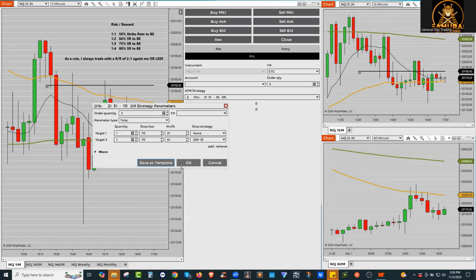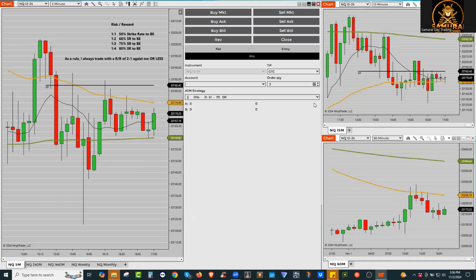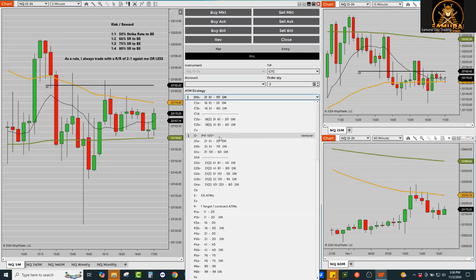Change that to a B, save it, and you're good to go. All right, so now when the PVI is over 100, I go for 21s and 50s with a 1-to-1 risk reward. Here's 21s and 50s with a 2-to-1 risk reward. Here's my going for 20s and 100s with a 60 tick risk reward.